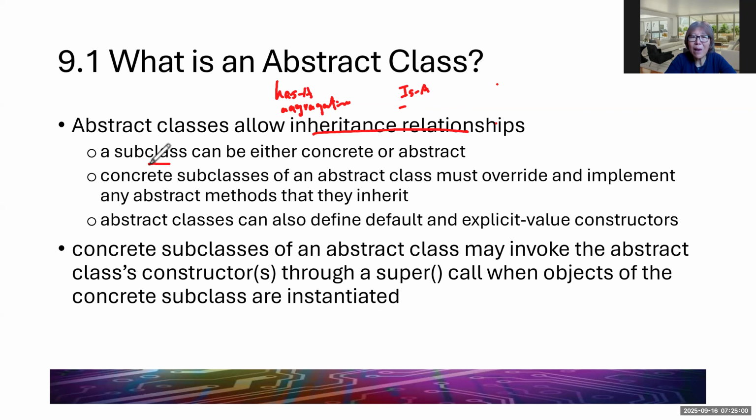The subclass can be concrete or abstract, either way is okay. If the subclass is concrete, then it must override and implement all of the abstract methods that it inherits.